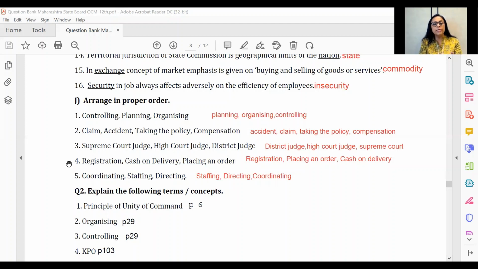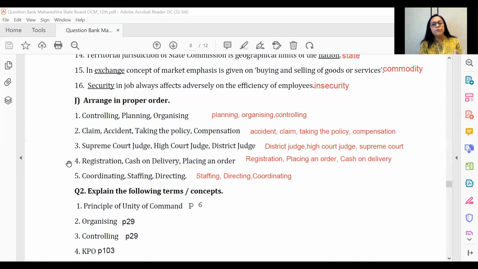So there is nothing really different in certain types of objectives. Okay, so they have actually been picked up from different chapters and put together for your practice. So the last type of objective in your textbook exercise is arrange in proper order. All of this just requires a little bit of practice. Otherwise, the rest is very, very simple.